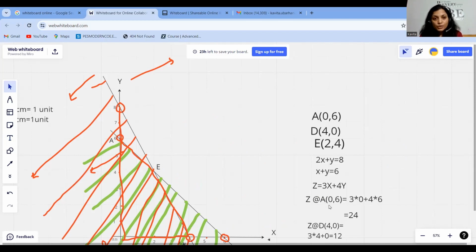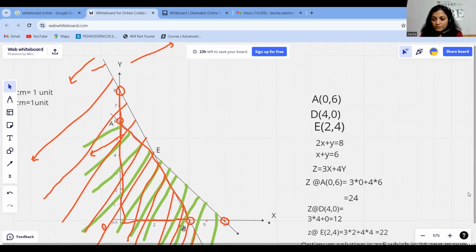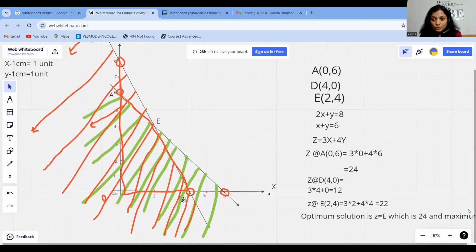Now we are going to calculate the z value at A. A is (0, 6). So z at (0, 6) is equal to 3 multiplied by 0 as x is equal to 0, plus 4 multiplied by 6 as y is equal to 6. 4 sixes are 24, and 3 multiplied by 0 is 0.